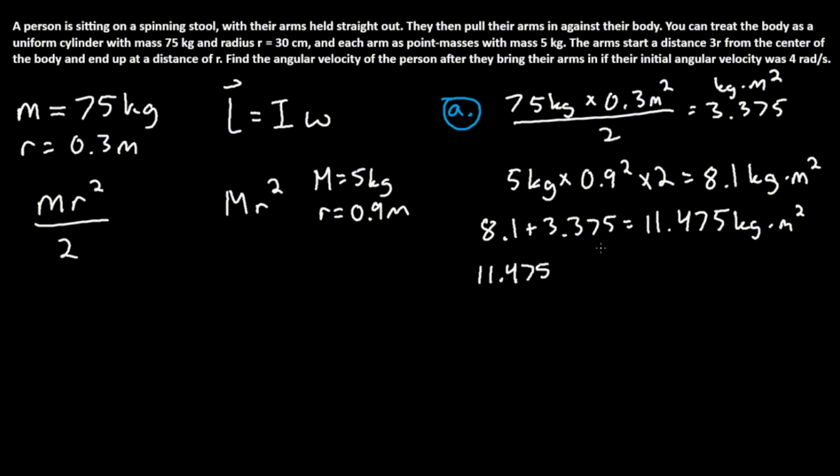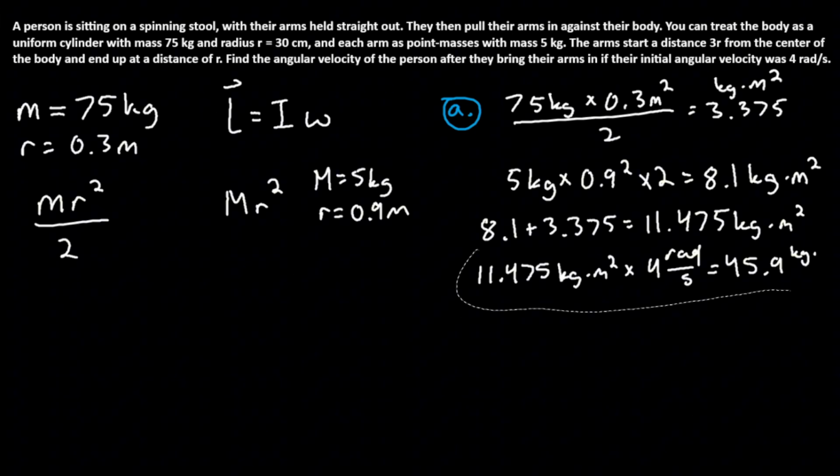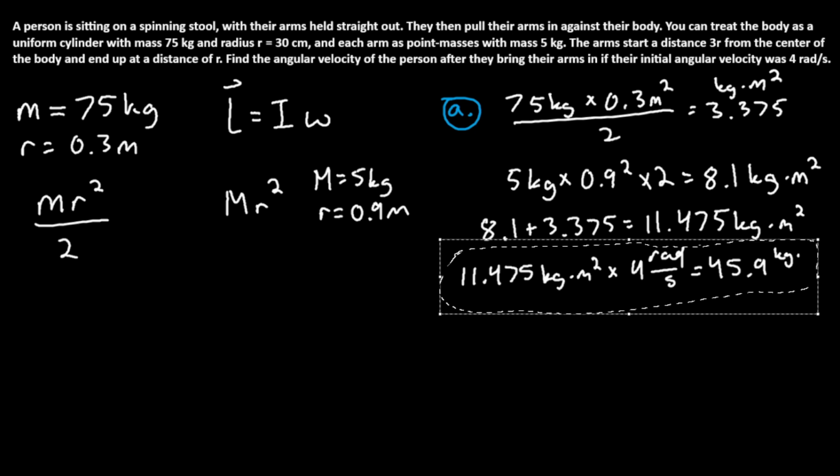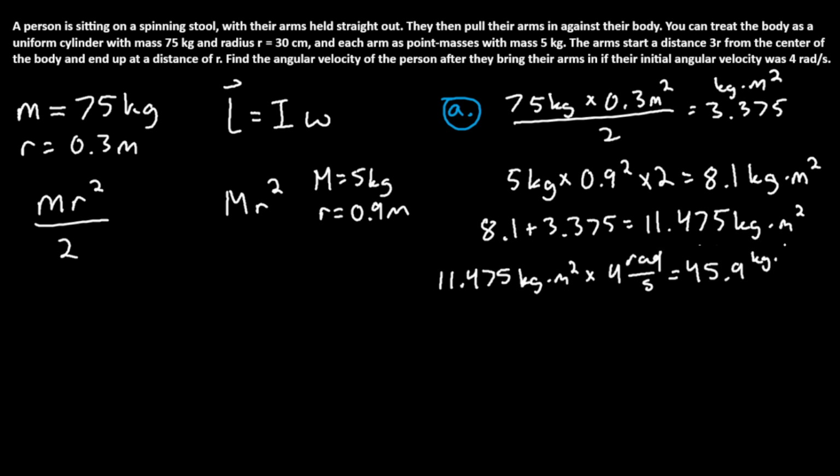So 11.475 times, let's write the units, times 4 radians per second. And your initial angular momentum is just 45.9 kilogram meters squared over seconds. So this is your initial angular momentum.